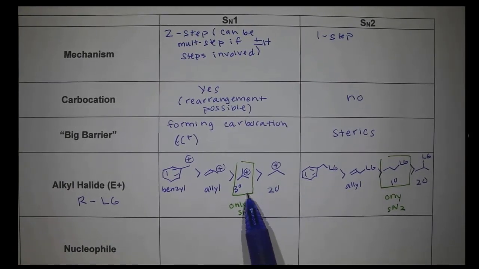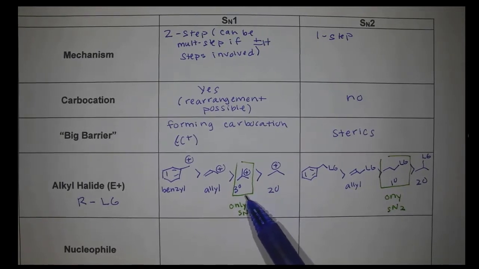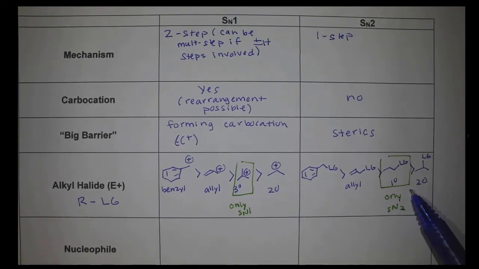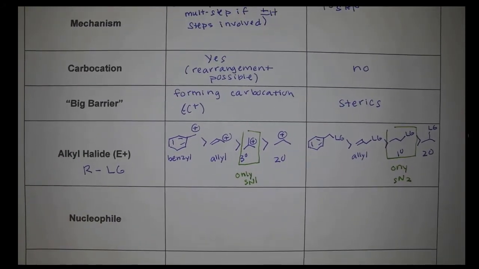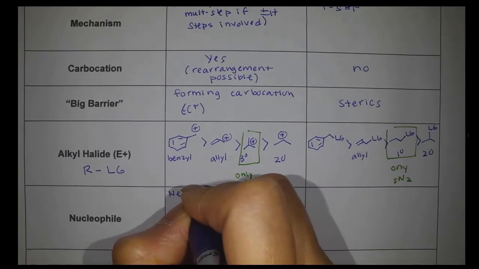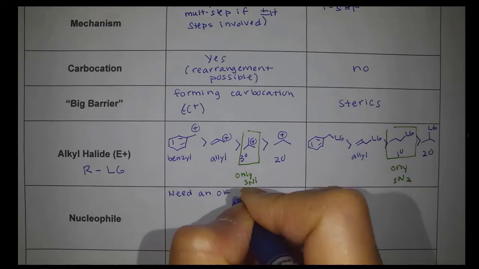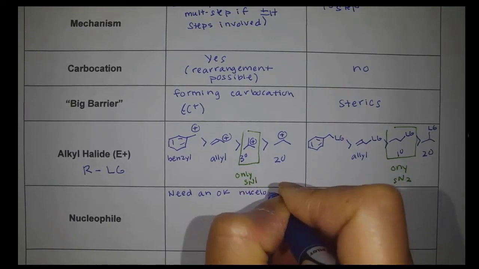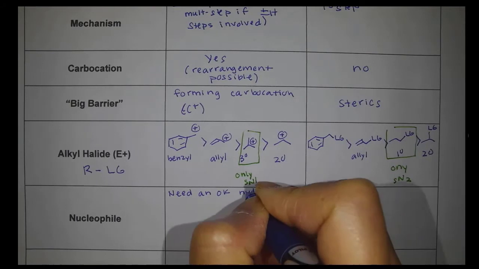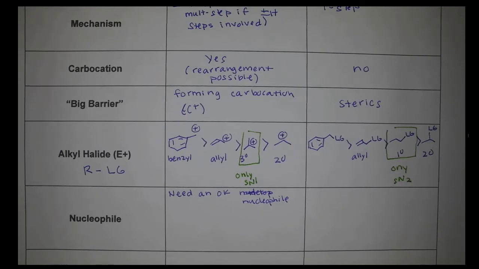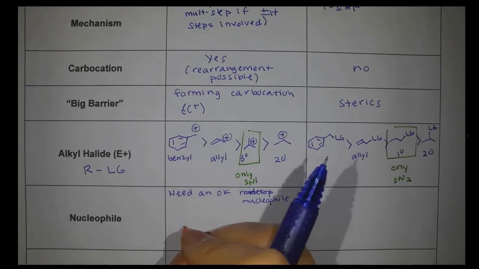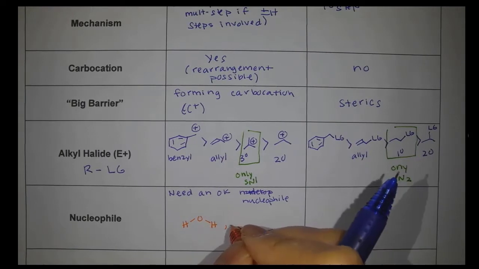If we see a tertiary alkyl halide, we know that's going to go SN1. If we see a primary, that has to go SN2. Any of these other ones, we'll have to look at other categories. For nucleophiles for SN1, we just need an OK nucleophile, things like water and an alcohol.